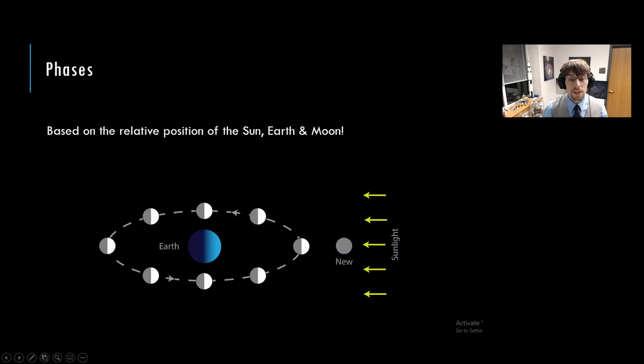So I've got just the other terminology, but you start off with a new phase here on the right-hand side. And again, the moon is going to be moving counterclockwise in its orbit. Okay. And so as you go from seeing nothing to slowly seeing more and more.